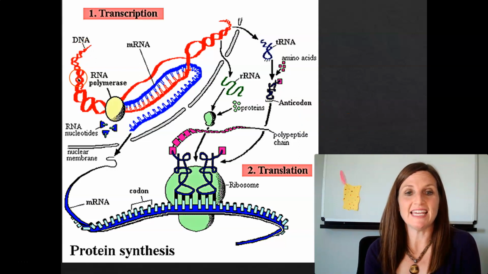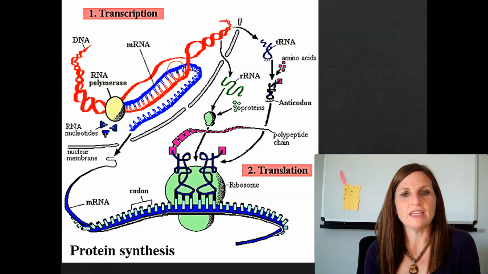Let's focus on the DNA first. We see RNA polymerase here, and RNA polymerase is catalyzing the formation of the blue mRNA, and it's doing that by using free nucleotides that are in the nucleus. It adds them together, and eventually our mRNA is going to be spliced and processed, and it's going to leave the nucleus and travel out to the green rRNAs here, and you can see the formation.